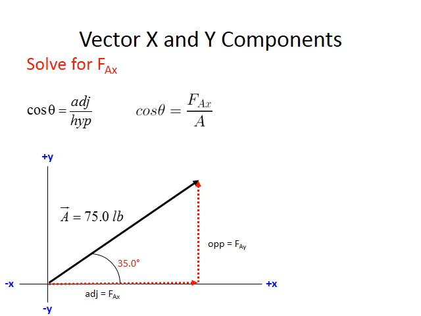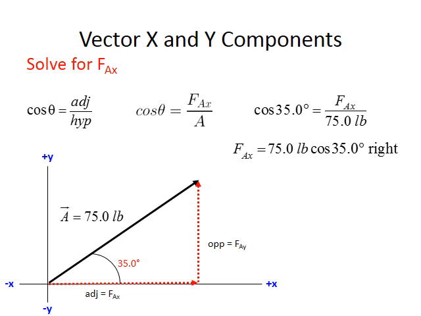Let's go back to our cosine relationship, adjacent over hypotenuse. And we plug in what the adjacent component is, which is F sub Ax, and our hypotenuse is just our A value. And when we plug in numbers, we get the cosine of 35 degrees equals F sub Ax over 75.